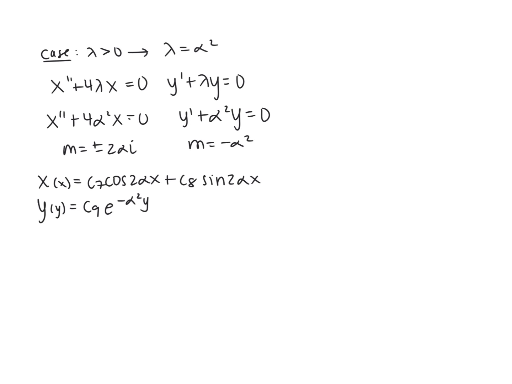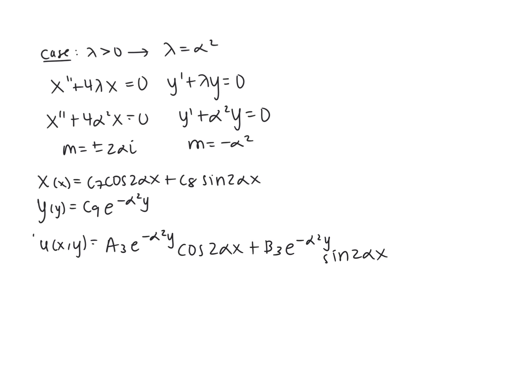So when we multiply those two together, we get our solution u of xy to be a3e to the negative alpha squared y times cosine of 2 alpha x, add b3e to the negative alpha squared y sine of 2 alpha x.